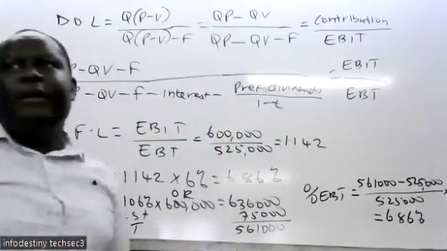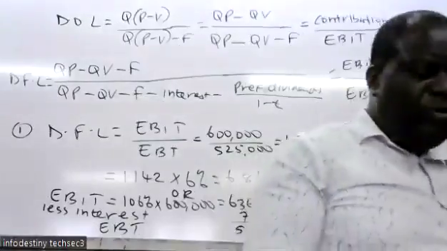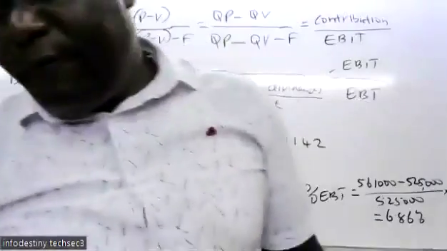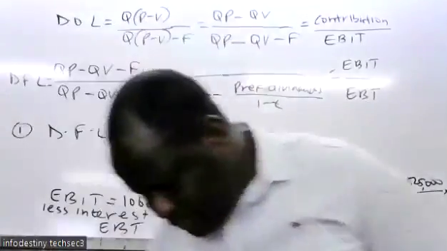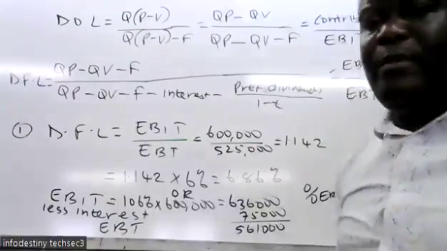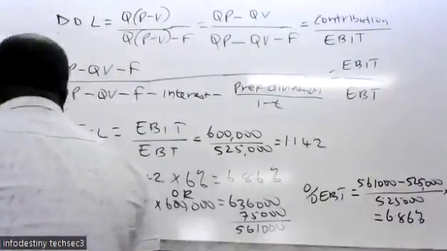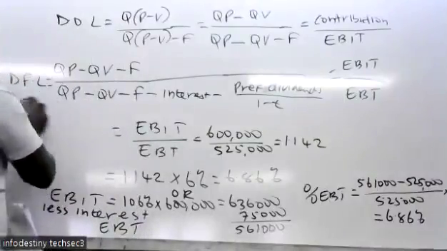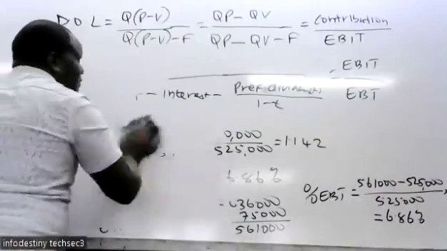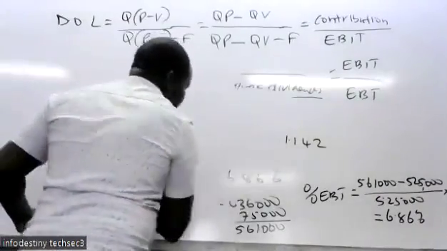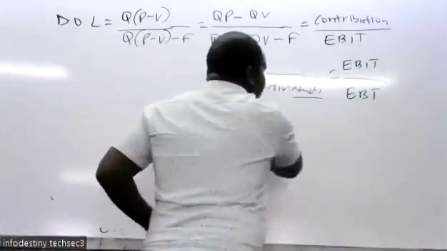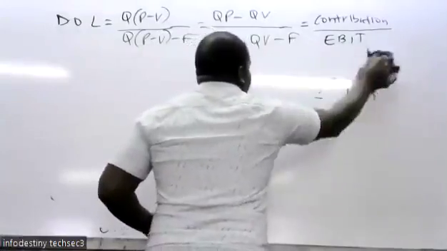So in Roman letter 2, we use the degree of operating leverage, and in Roman letter 3 we also apply the degree of operating leverage.